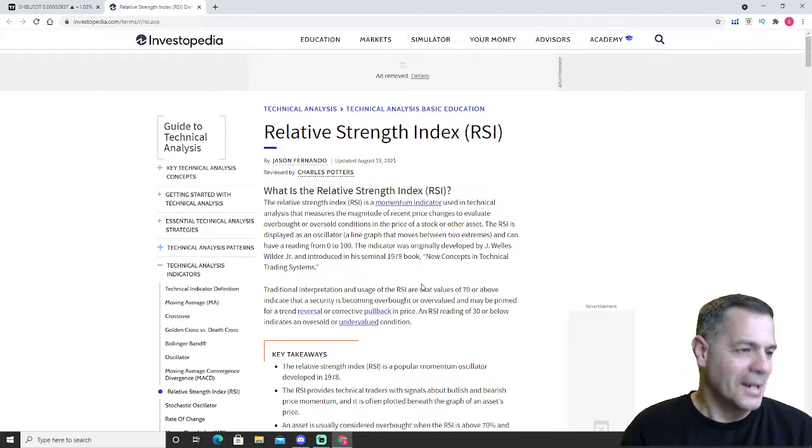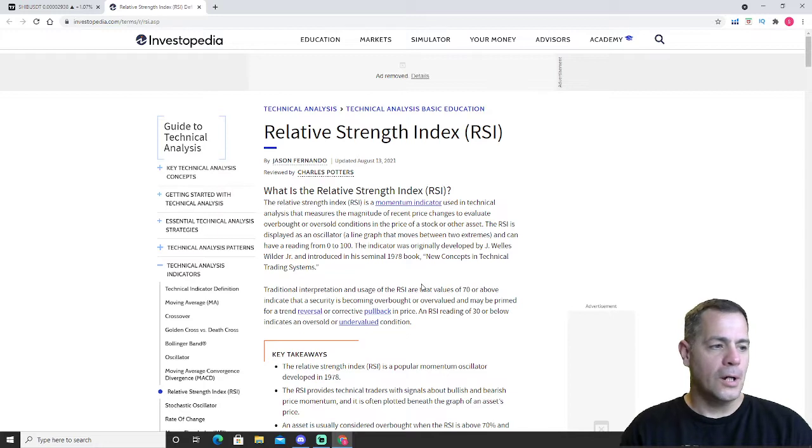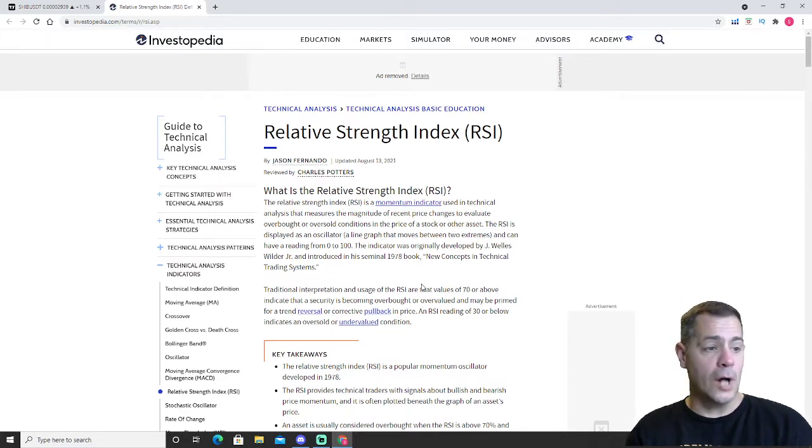All right. The indicator was originally developed by J. Wells Wilder Jr., and he introduced it in his 1978 book called New Concepts in Technical Trading Systems.